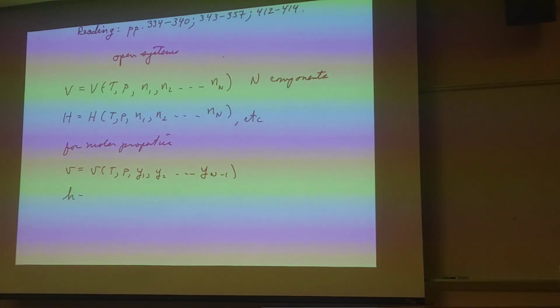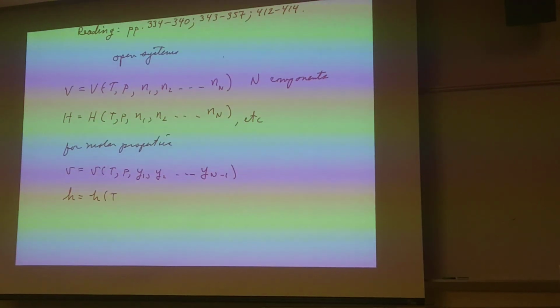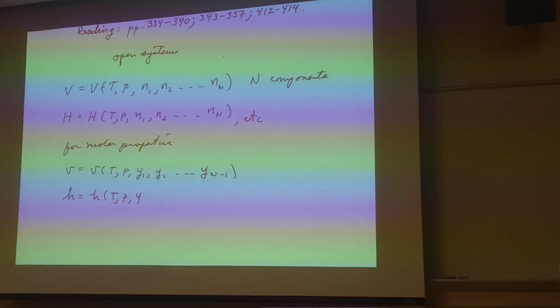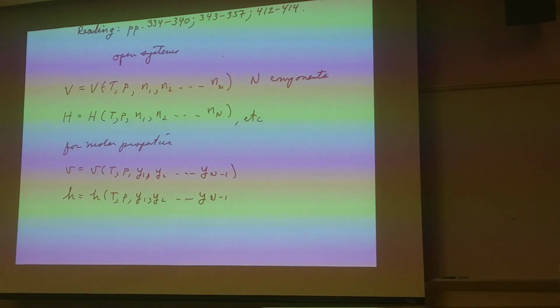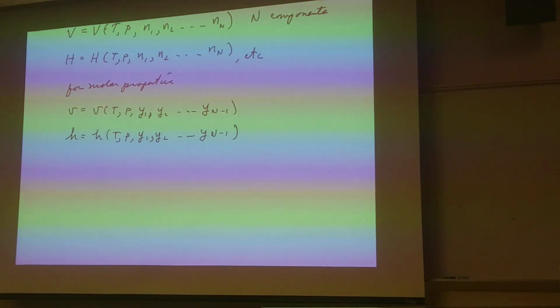I could write, for example, H is a function of T, P, Y1, it's supposed to be a comma there. Okay, so let me make some notational indications here.